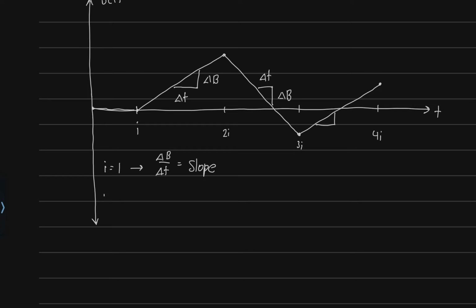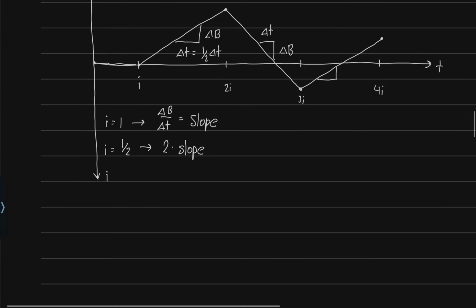Okay, when I is equal to 1/2, then that means our denominator gets cut in half. So this is 1/2 our original delta t, which would mean we have 2 times our slope. Now, if I say I is 1/4, if I cut this even more, then I would have 4 times my slope.